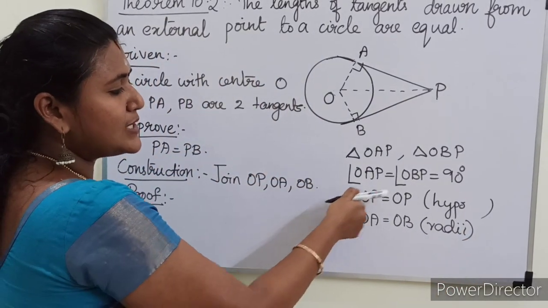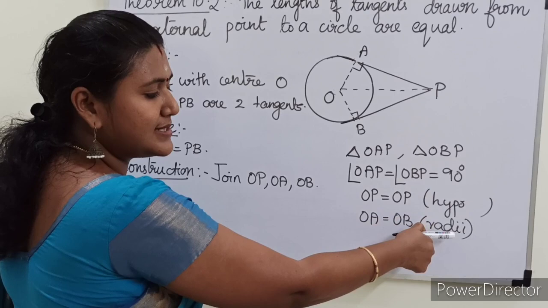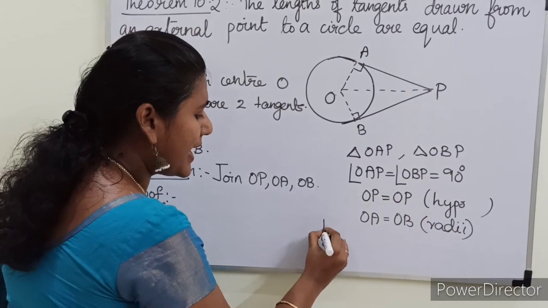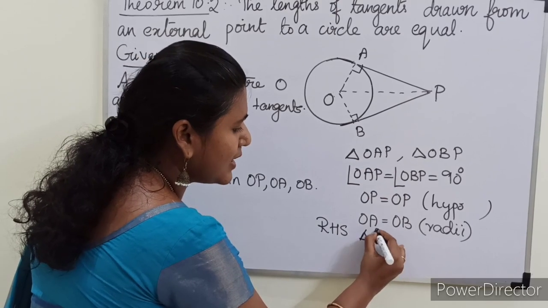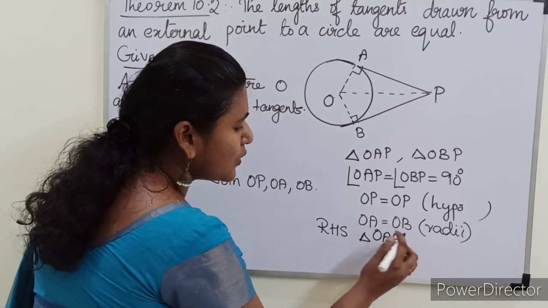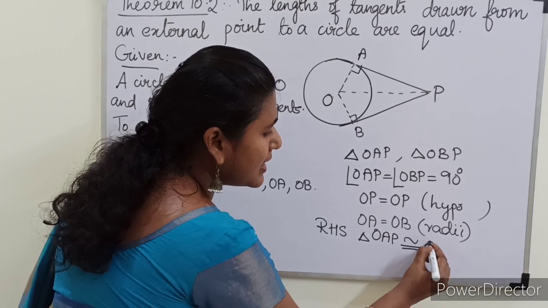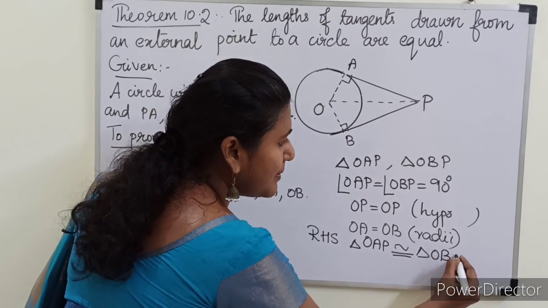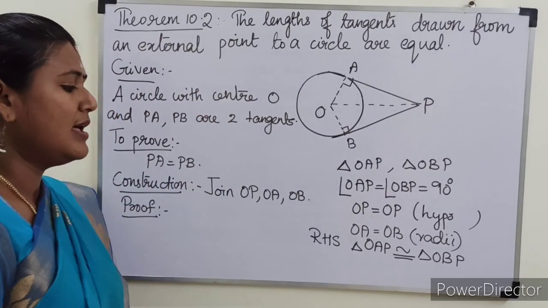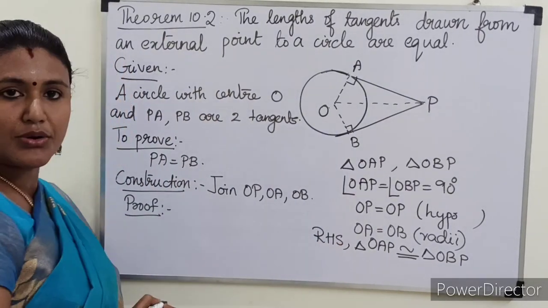So we have a right angle, the hypotenuse and one side. So by RHS congruence we can say that triangle OAP is congruent to triangle OBP.